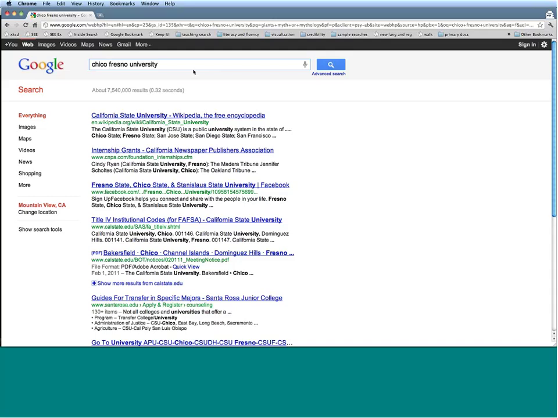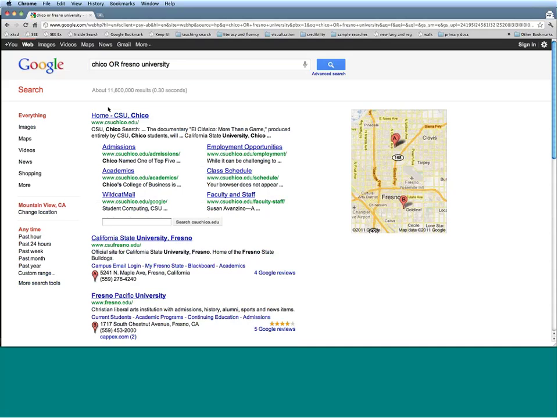Because in this search, Google is considering this to be Chico and Fresno and university. The and is invisible, but it's there. I can break the and by putting in an OR, and now I have much more what I might have anticipated seeing.